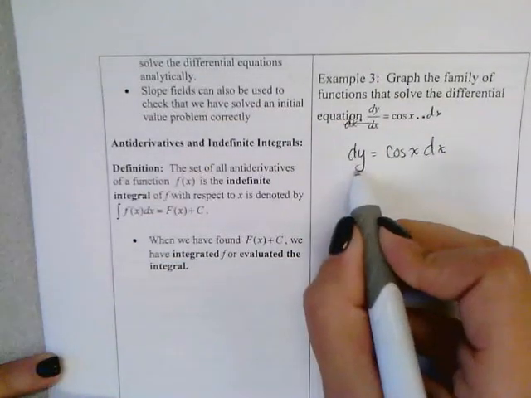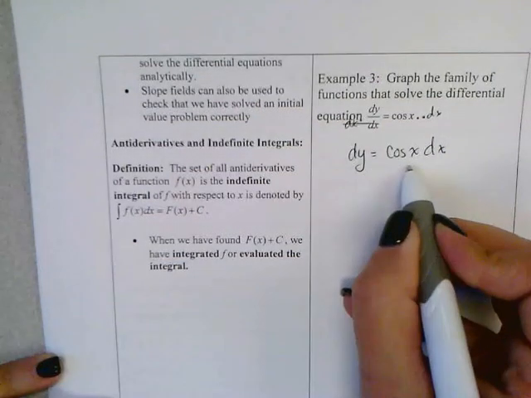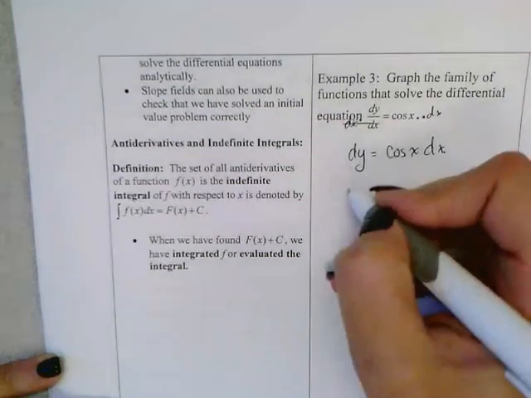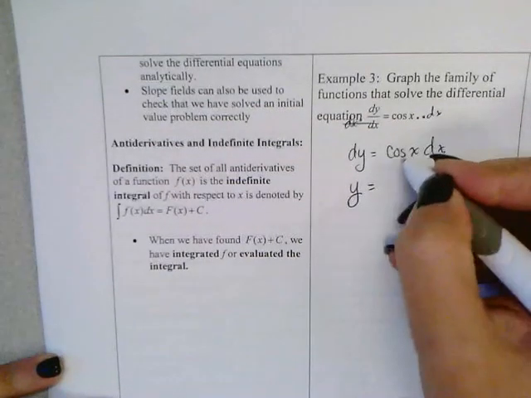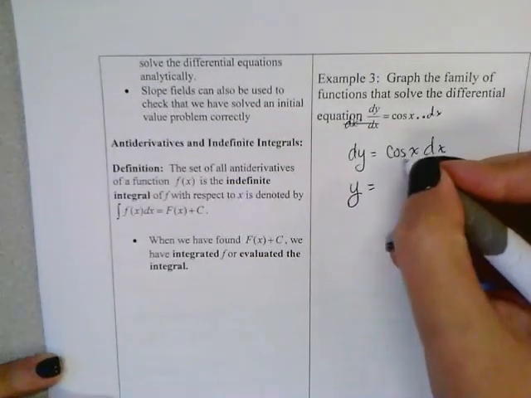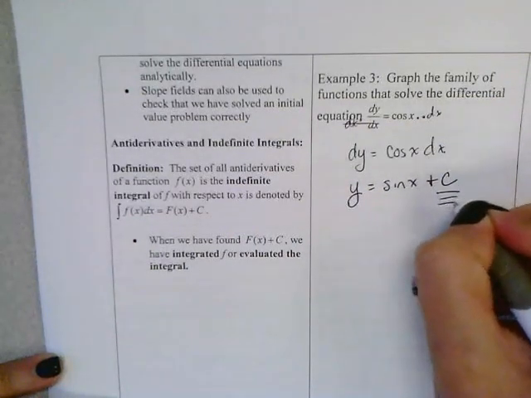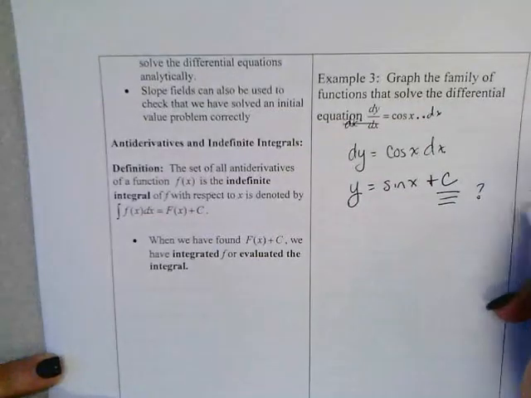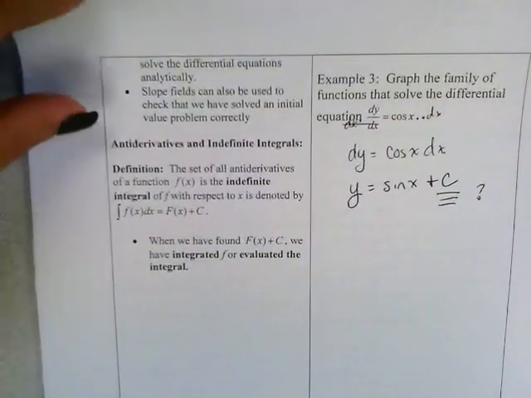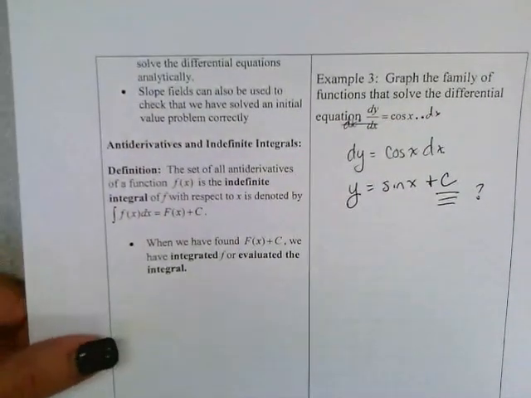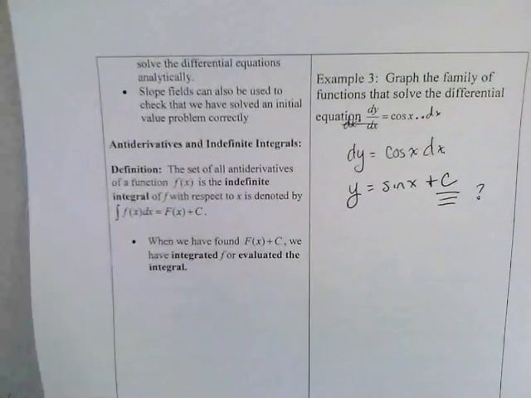So this is telling you that the derivative is this. So what is the antiderivative? So what is y? And the antiderivative of cosine is going to be sine of x plus c. Now the question is, what is that c and how does it impact us? Okay, and you guys can use the textbook to figure it out.